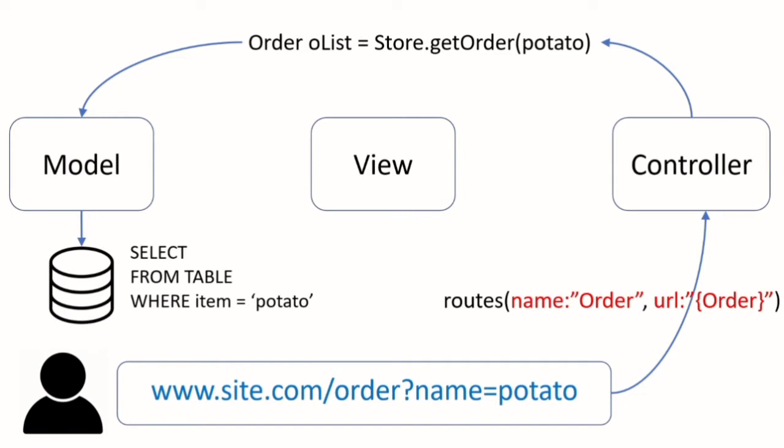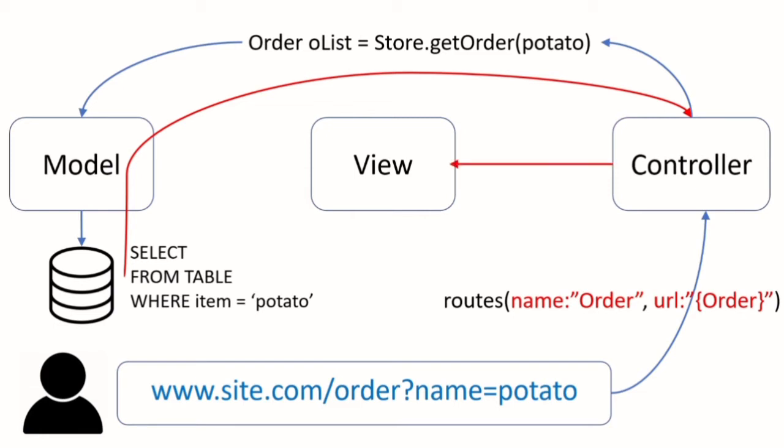And after getting the data from the database, the data will pass to the controller again, and now the controller has a list of data from the database, and the controller will show the list of the data in the HTML or view, and generate a list in the HTML form, and you are going to display this result to the user. So this is the basic flow of the MVC.